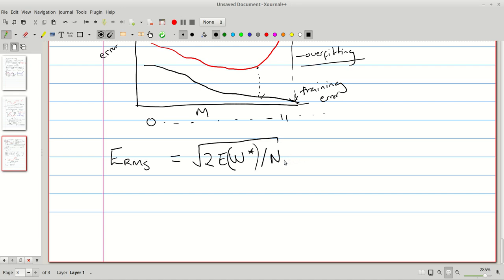Why might we want to use this? By dividing by n, we can compare different size datasets on the same scale. That's the actual inspiration for dividing by n. So if your dataset is of size 300 and another dataset is of size 20, you can compare them on the same scale using this error term.